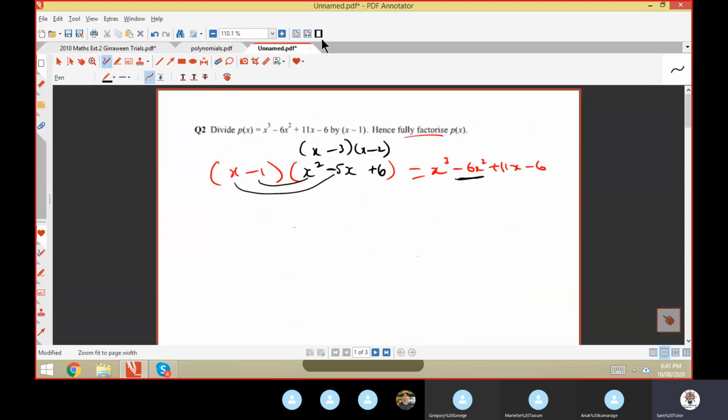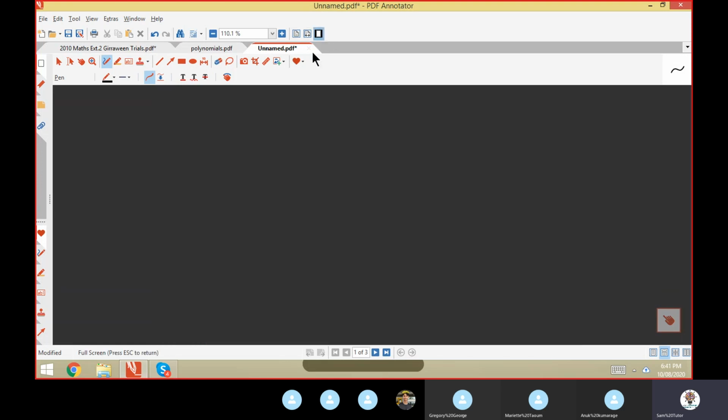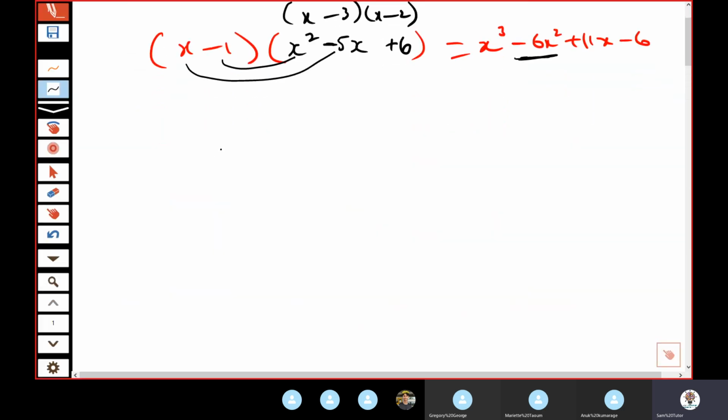Then I'll just make one up. So if I had x to the power of 3 plus 3x squared minus 2x minus 10 divided by x minus 5, this is pretty much how it would look. Now, I don't know if this is a factor. You can sub it in and find out. But let's just assume we don't know if it's a factor.